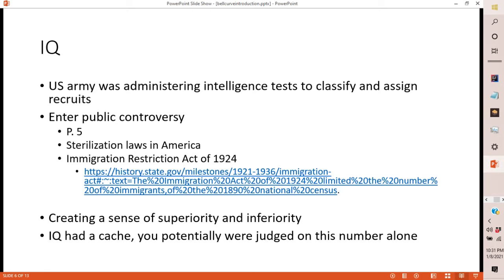Think about the Gulf War. I think that's where they first introduced GPS. And then usually what happens is the military has it first, and then it spreads out to the general public. At least the way that I see it. I'm only giving anecdotal evidence here. But in the case of IQ, this seems to hold true as well.